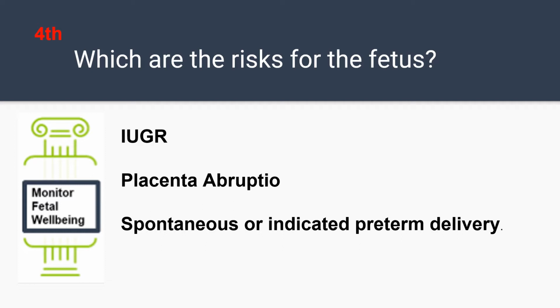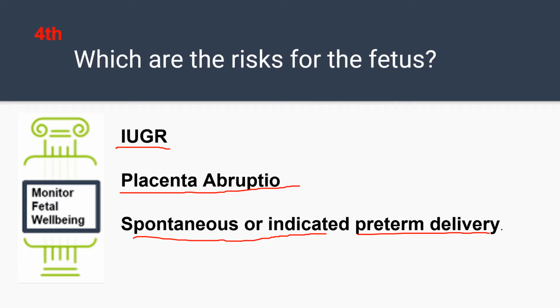So what are the risks for the fetus with preeclamptic mothers? First, intrauterine growth restriction because of placental insufficiency. Secondly, placental abruption, which is a very serious complication. It's not so common, but it's very serious, and most of the time ends in intrauterine fetal demise. And finally, the most preventable and most treatable condition is preterm delivery because of an indication to finish the pregnancy.